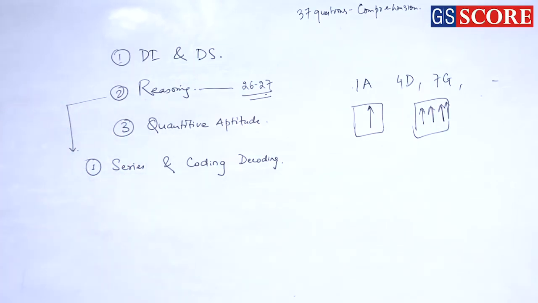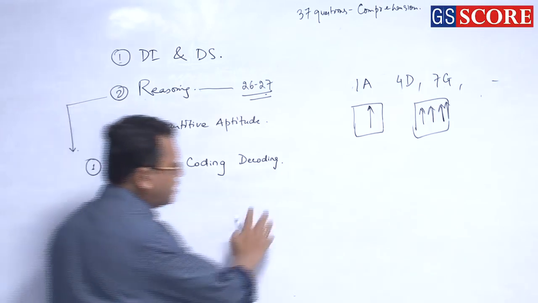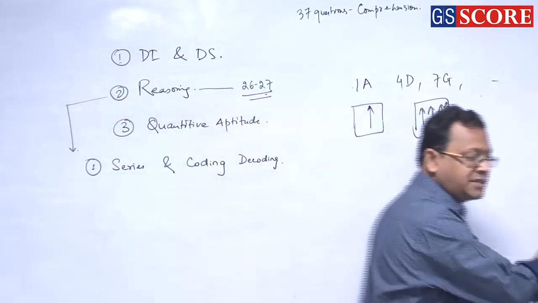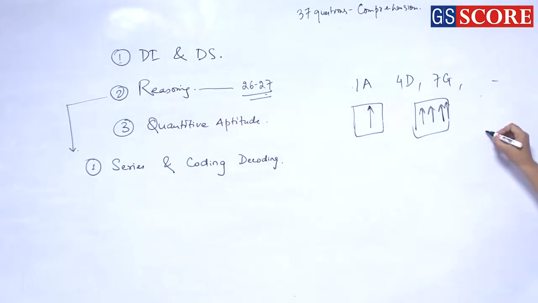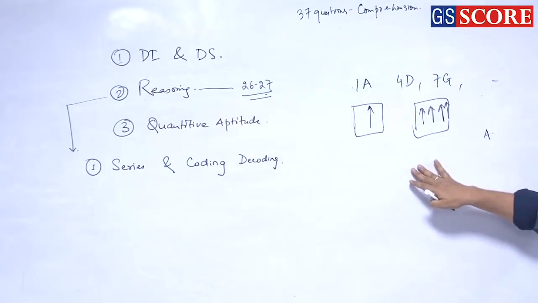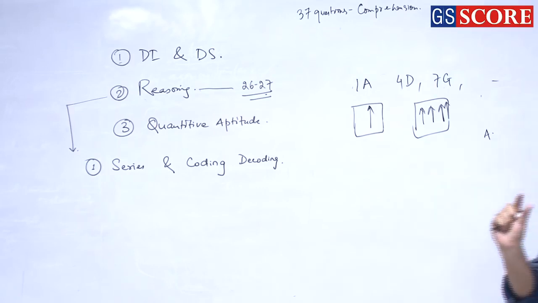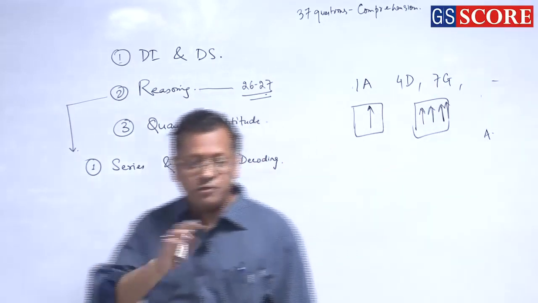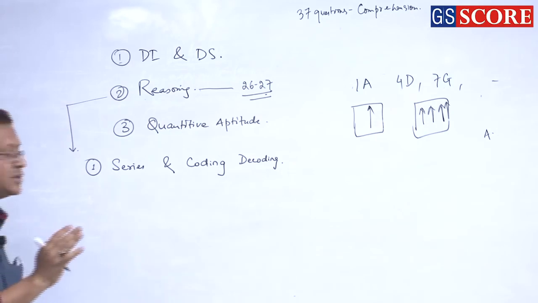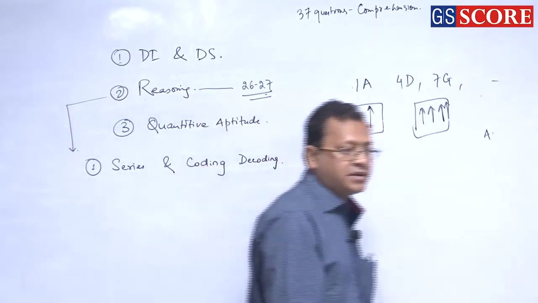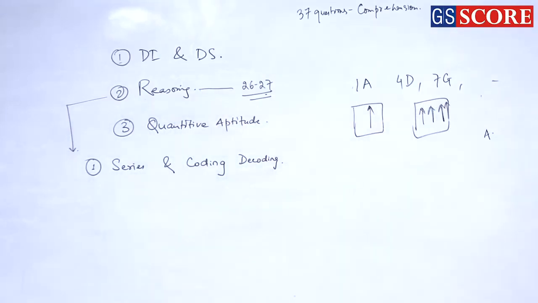If there are 5 or 6 letters in a series, the question might ask you to mark option A if only one number is wrong, mark B if 2 letters or 2 numbers are wrong, mark C if both are right, mark D if both are wrong. So, something like these questions can come in the series area.